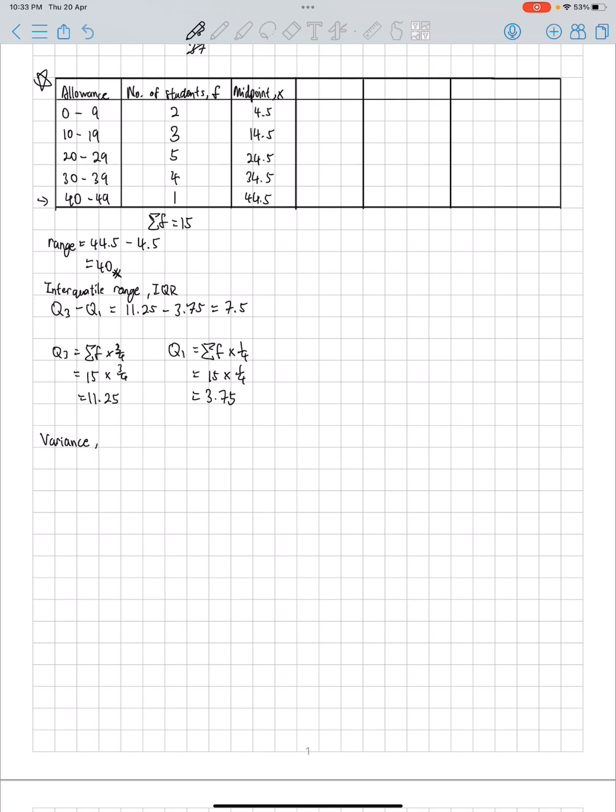So variance, the symbol is like this, sigma squared. So this is the symbol for variance.